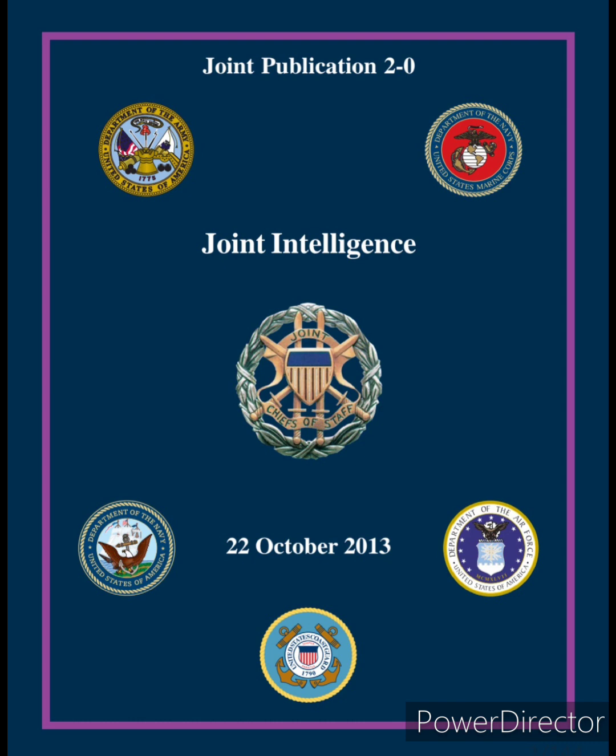D. To minimize the effects of enemy deception and provide the JFC the most accurate intelligence possible, analysis of information from a variety of collection sources is required so information from one source can be verified or confirmed by others.